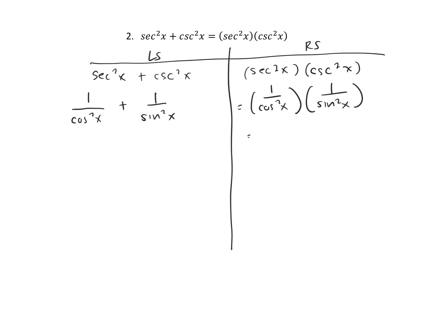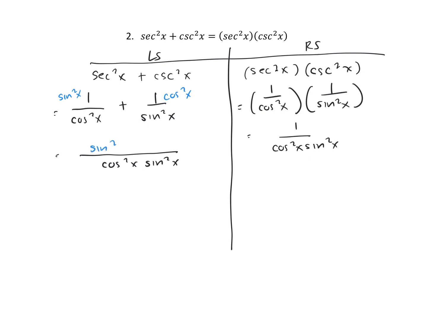On the right, I can just multiply. Numerator, 1 times 1 is 1. Denominator, I get cos squared times sine squared. On the left, we are adding fractions, so we need a common denominator. The common denominator has to include cos squared x and sine squared x, which means this term gets multiplied by sine squared, top and bottom, and this one gets multiplied by cos squared.